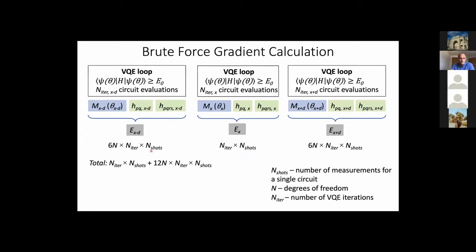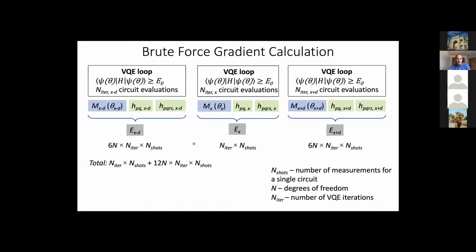For displaced geometries, we would need to displace in every dimension. So the number of measurements would be 6N times the number of iterations and the number of shots, which would obviously increase with the system size.